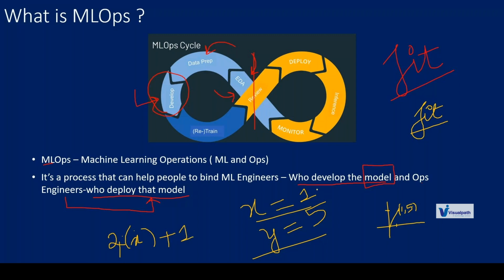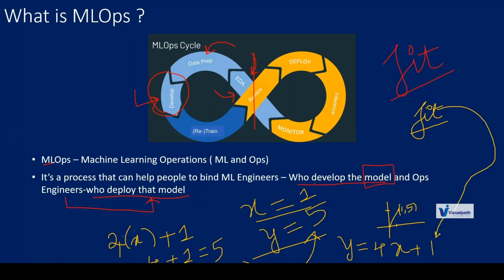That means if you replace x as 1, 4 times 1 is 4, plus 1 is equal to 5, which meets the value of y. So y is equal to 4 times x plus 1 is the relation that makes a best fit on the data that is given.